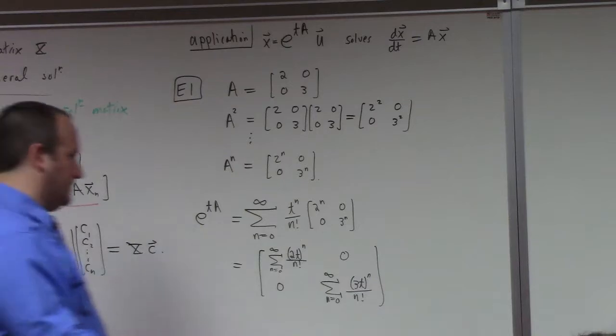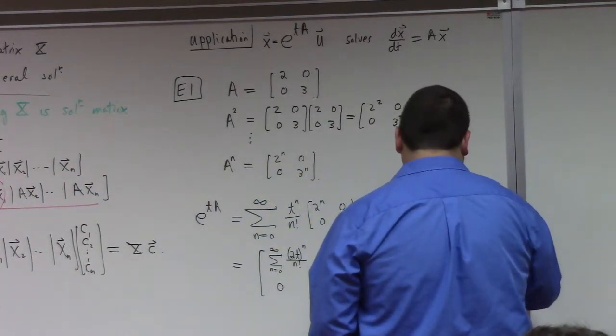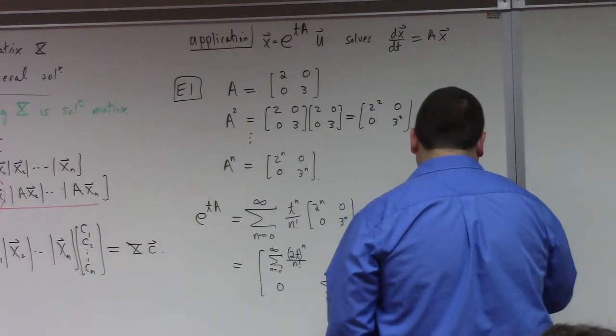Because, for example, 2 to the n times t to the n is equal to 2t to the n.